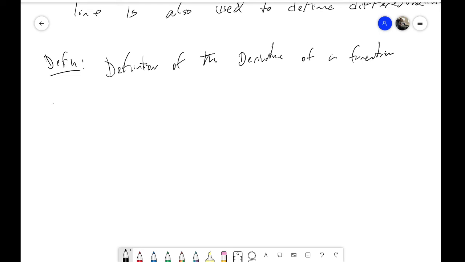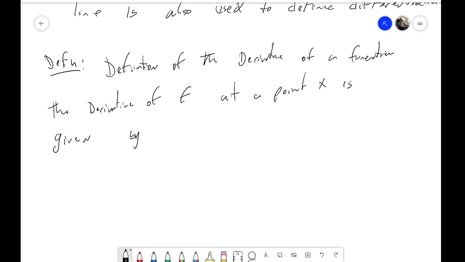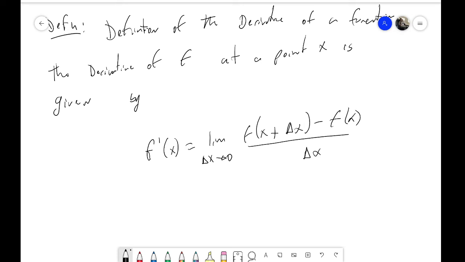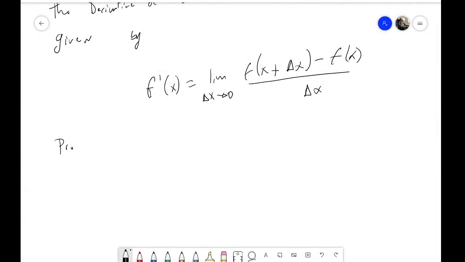Okay, so the derivative of f at a point x is given by the following. f prime of x equals the limit as delta x goes to 0 of f of x plus delta x minus f of x, divided by delta x, provided that the limit exists.